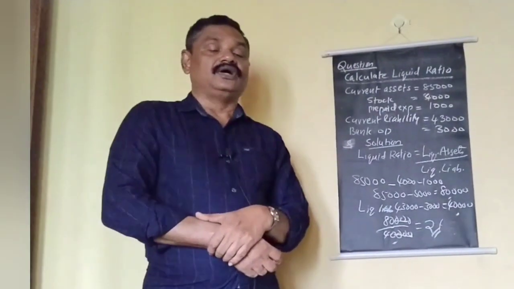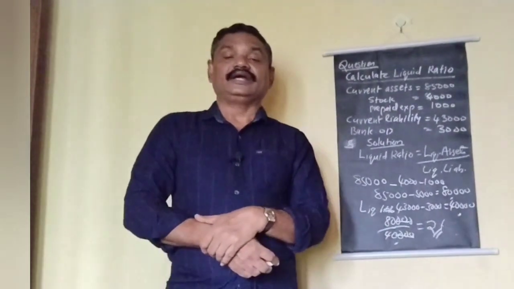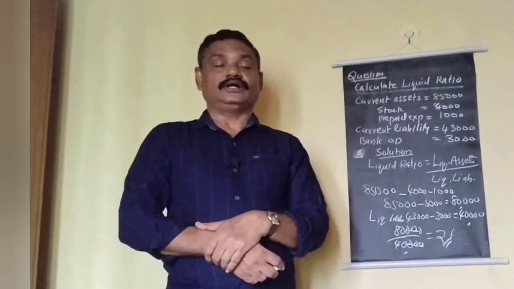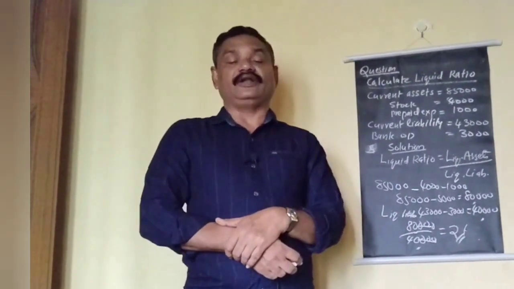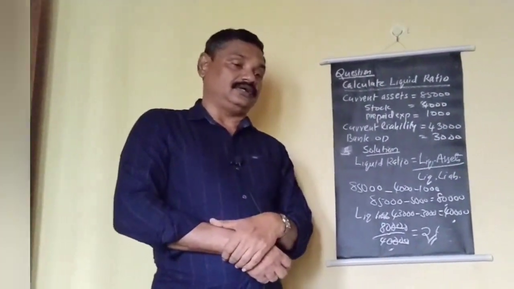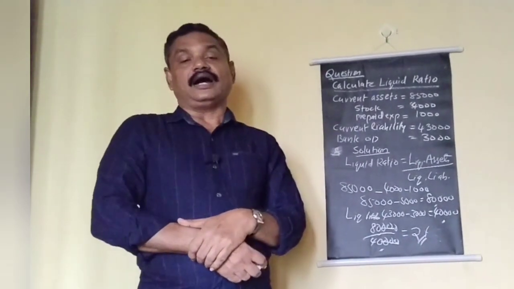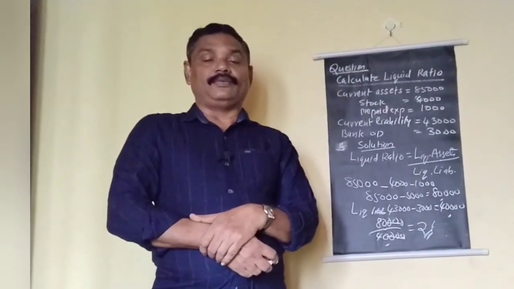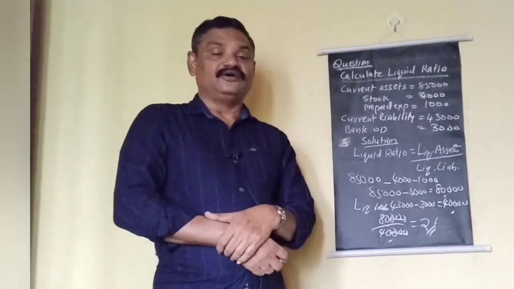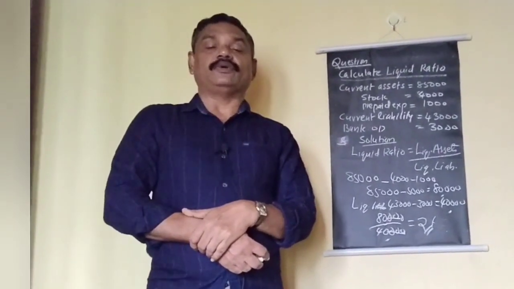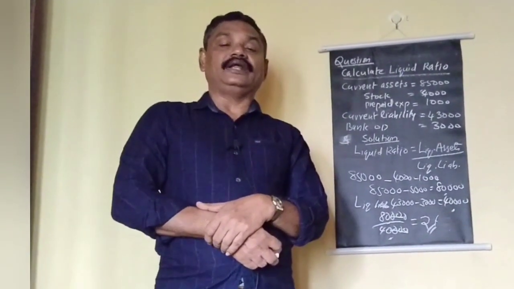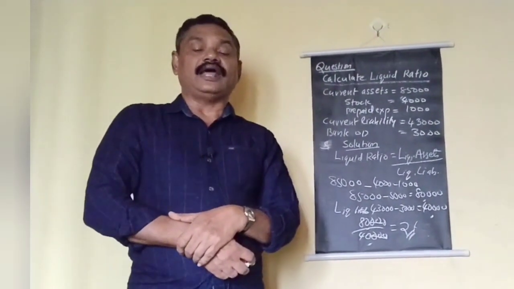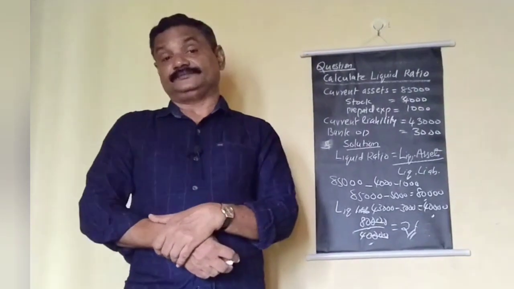Current assets include cash in hand, bank balance, stock or closing stock or inventory, prepaid expense, accrued incomes, sundry debtors, bills receivable. These are the important current assets items which come on the asset side of the balance sheet.